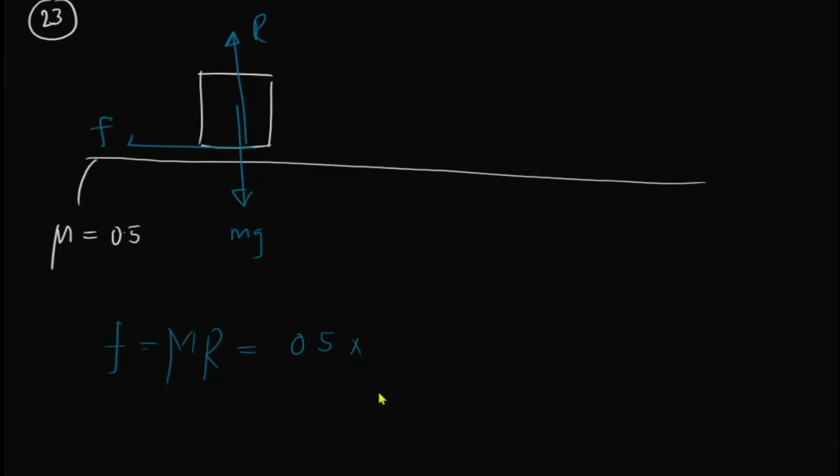The mass is 25 kilograms, which means mg is 250 newtons, sorry, not 2500 newtons, because the mass was 25. So 250 into 0.5 is 125 newtons. The frictional force is 125 newtons.